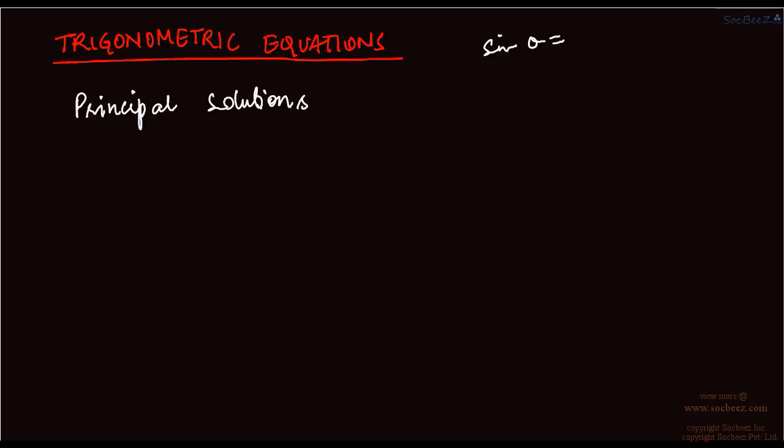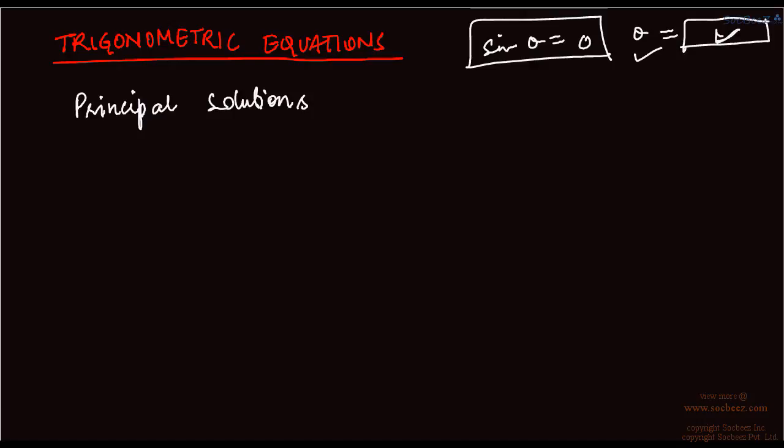Like if you have a trigonometric equation like sine of theta is 0, then theta has a set which satisfies this property. Hence, there are some principal solutions. Okay, this set is the solution of theta.